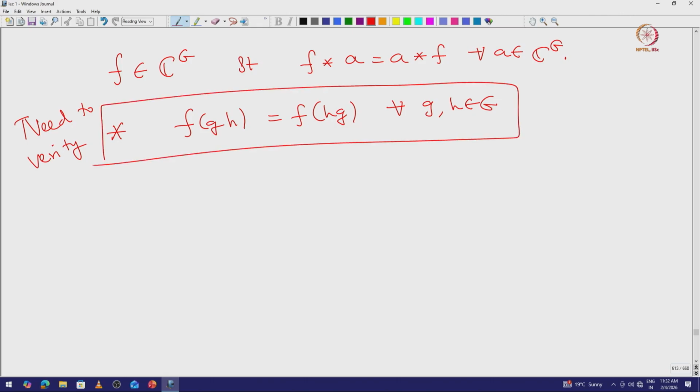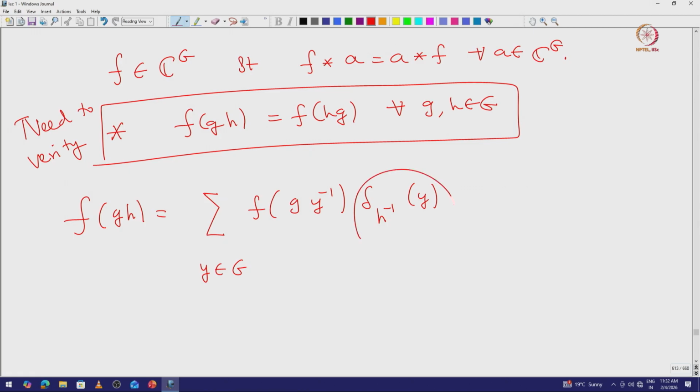Now we start with the left hand side, f(g h). We write it in terms of the delta function, which is exactly equal to the summation over y in G of f(g y inverse) delta(h inverse, y). The delta function when y equals h inverse will give us 1.